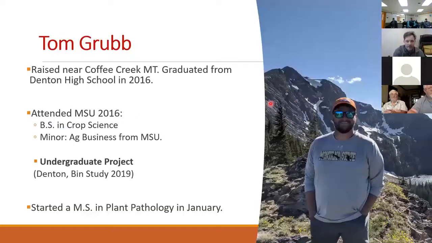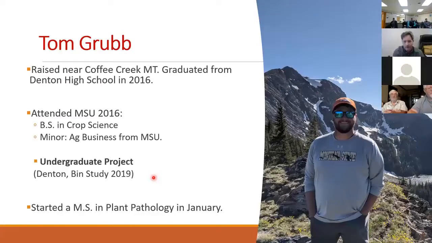And so I recruited Tom Grupp. Tom is from a farm family in Denton, Montana. He's a crop science student. He did an undergraduate project for me, looking at bin seed and pathogens associated with bin seed, because most of us use bin seed. Even I use bin seed for my research.